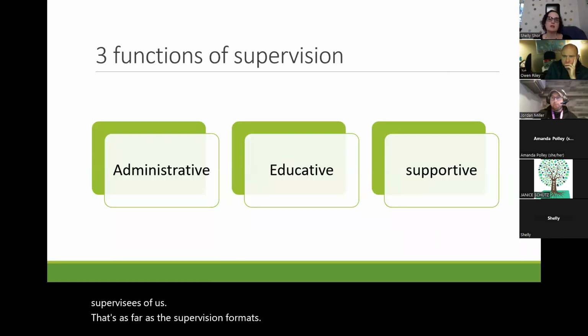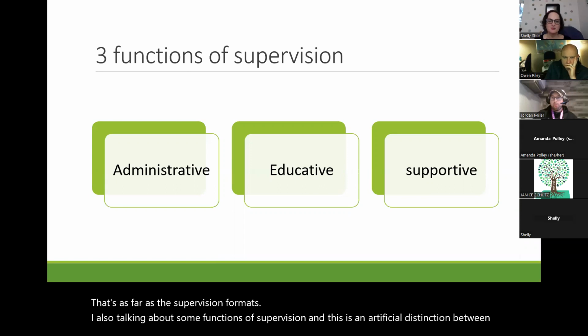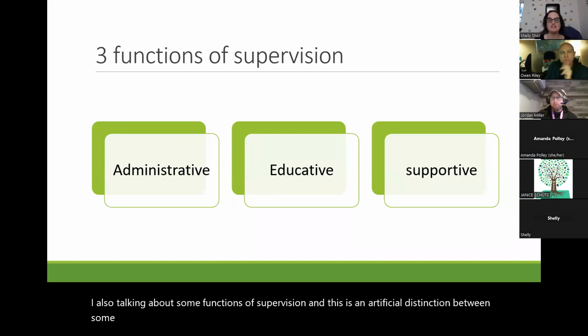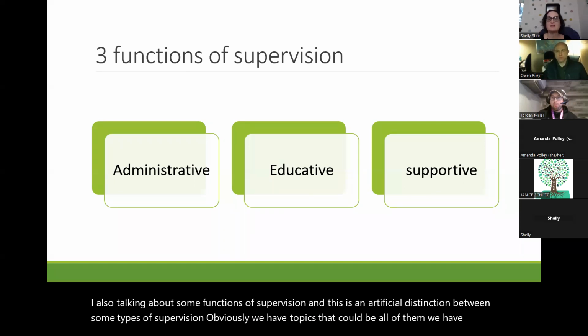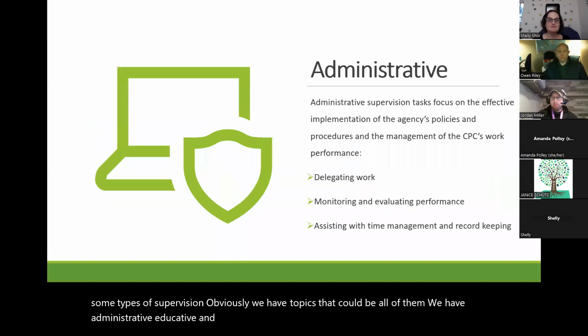I'm also talking about some functions of supervision, and this is an artificial distinction between some types of supervision. Obviously, we have topics that could be all of them. We have administrative, educative, and supportive supervision.